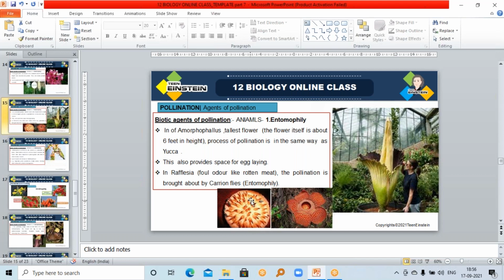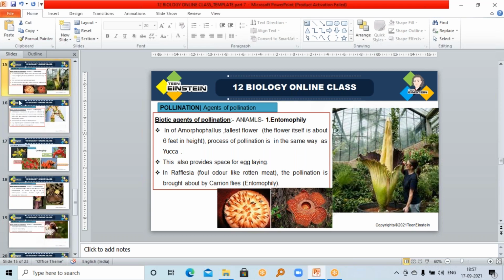Note down these points: Rafflesia, the carrion flies, and this is also an entomophilous plant. And in the case of Amorphophallus, which is the tallest flower, there is also a mutually beneficial relationship between the insect and the plant. Got it?